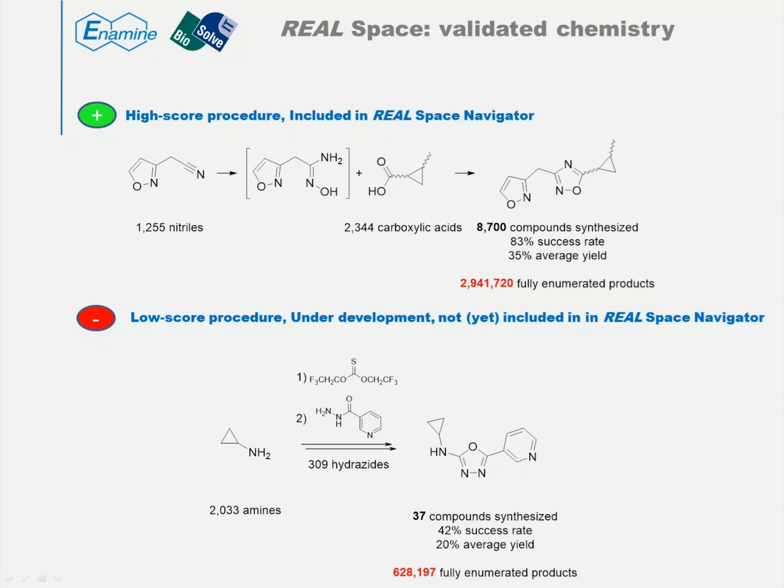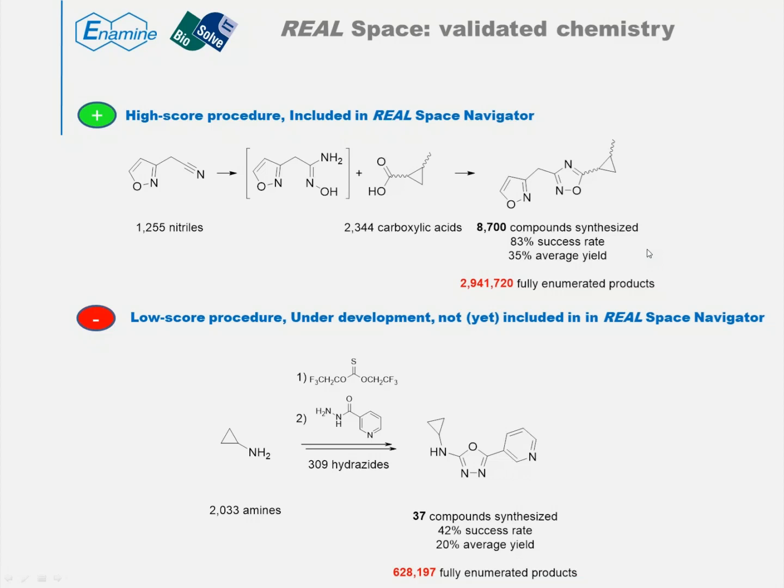For example, for this top procedure, you can see that this oxadiazole formation occurred in more than 8,700 reactions, and the success rate and average yield for this synthesis is pretty high. So this simple reaction allows us to generate a space of almost 3 million molecules.